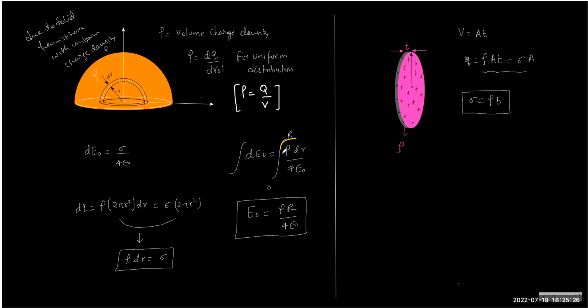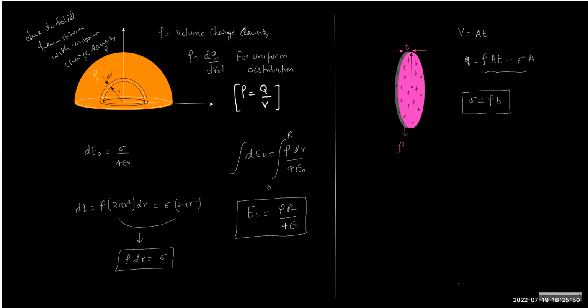Tell me guys, is it making sense to you? Yes, sir. So always remember that sigma is not real, rho is real. Lambda or sigma are two subtle representations, and these representations are meant for convenience. It's easy to write.